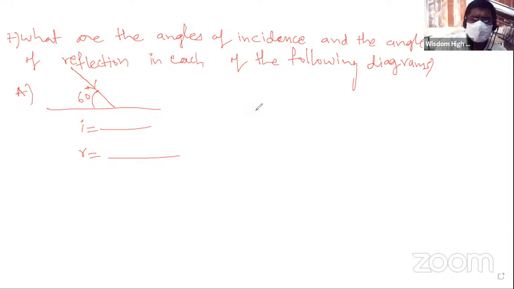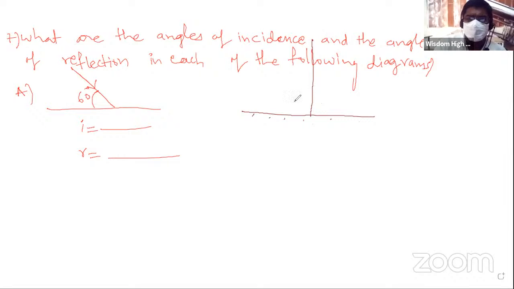Listen to me now. First we construct the normal. How can we construct the normal here? The normal is the line drawn perpendicular to the plane surface. For example, this is the mirror, so we construct a perpendicular.